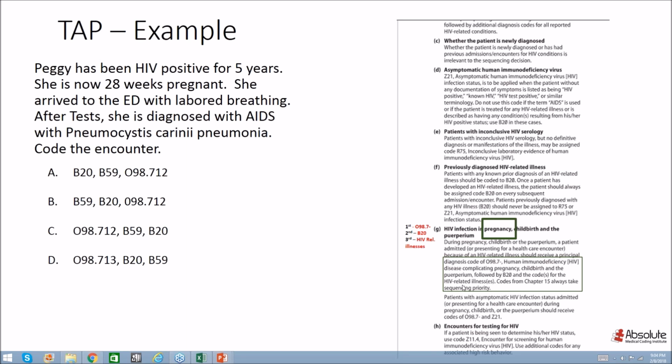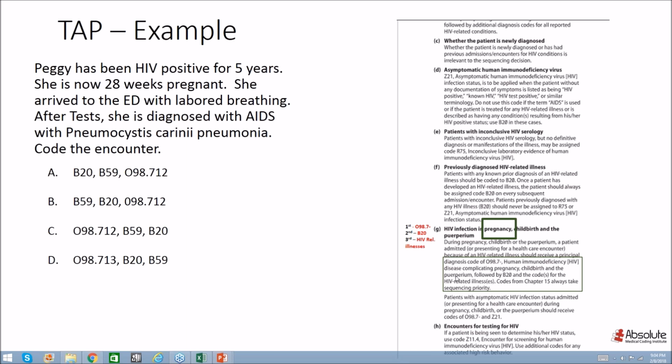In this section, it just tells you followed by B20 and HIV illnesses, but the guideline that precedes this tells you that you sequence B20 before HIV related illness. So I'm sorry I got off track a minute, but I wanted to address that too. And I see the person in the audience, so I had to tell you that.